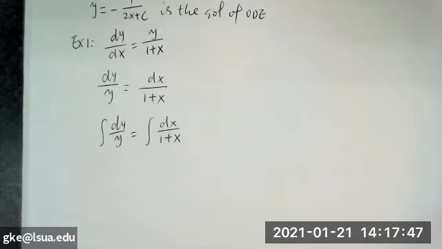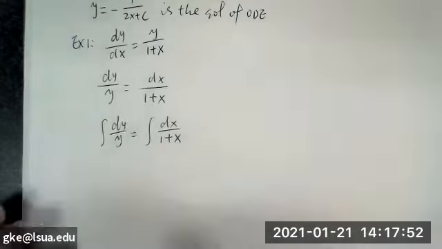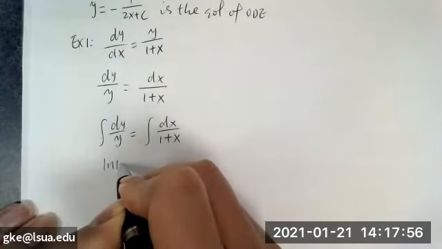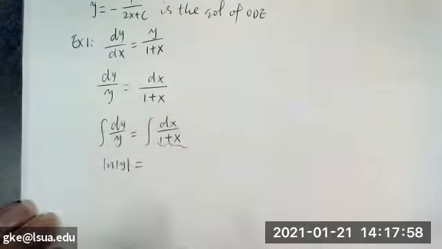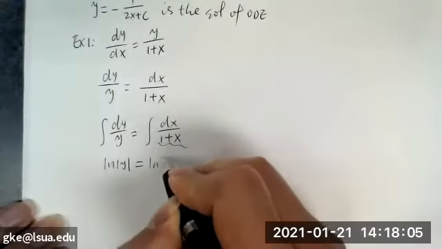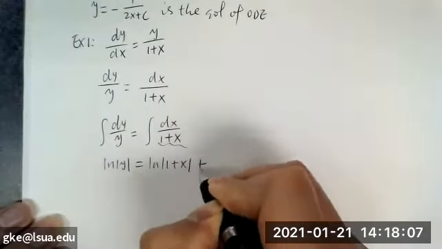Yeah, isn't that Ellen? Good job, good job. So this guy should be ln y. Okay, how about this guy? It is ln(1 plus x).